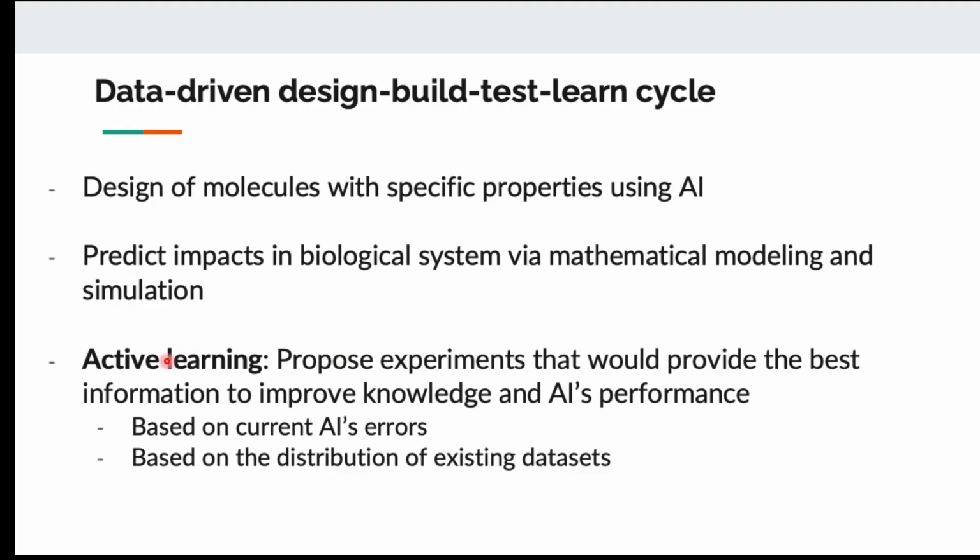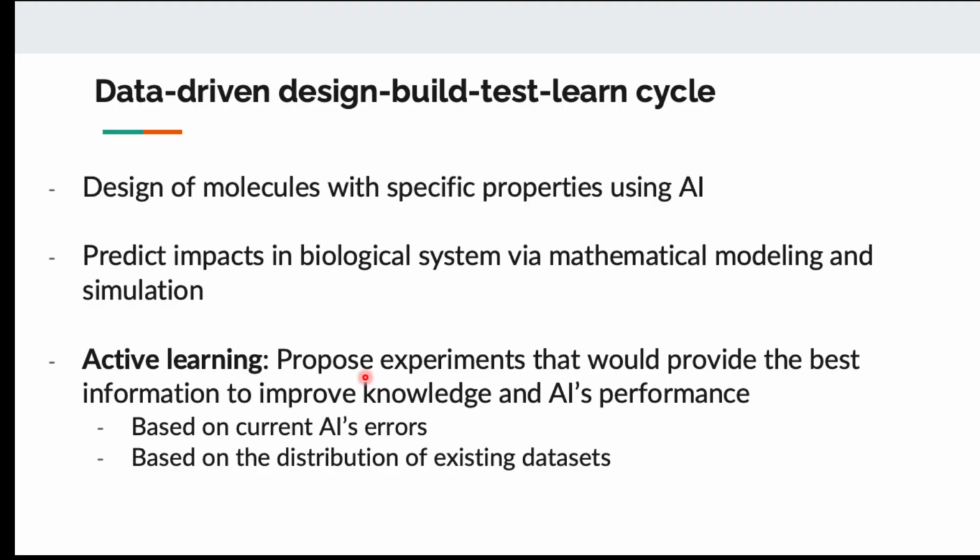The idea of active learning is, now that we have a synthetic biology system where you can put in new genes and observe the phenotype, how about we also try to predict which experiment should be performed, like which gene we should put inside the cell, so that the knowledge that we get, the phenotype that we get, will help improve the AI further.